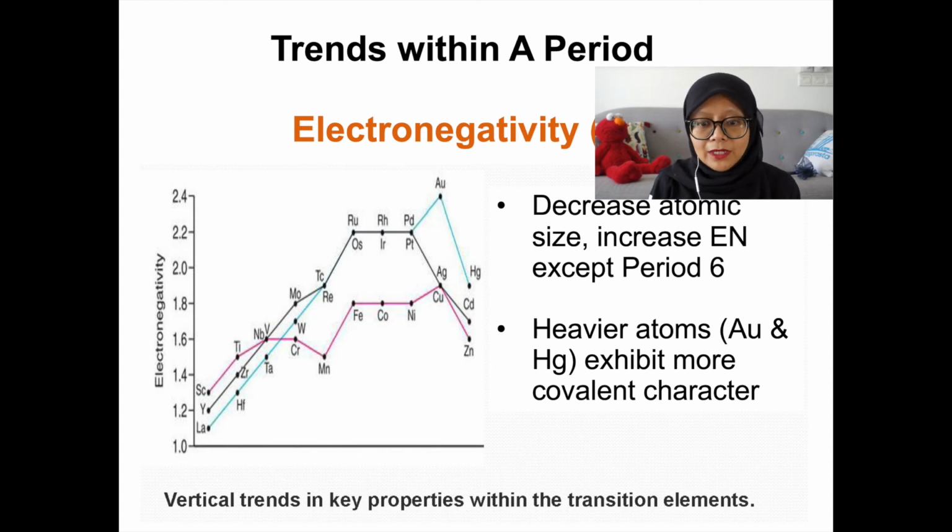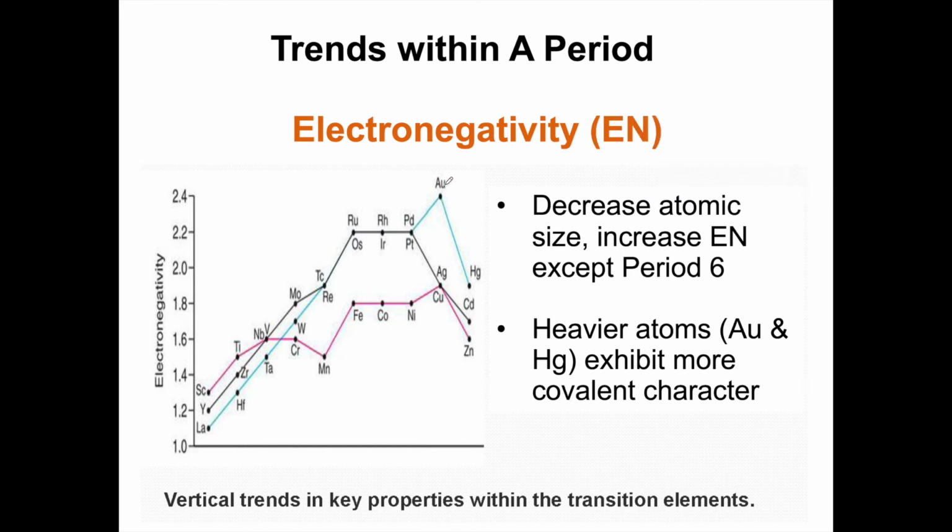Then we have the electronegativity, or we call it EN. What happened here? Atomic size decreases from left to right across a period, and electronegativity increases except for period 6. And heavier atoms, for example gold and also mercury, exhibit more covalent character, as you can see from here.